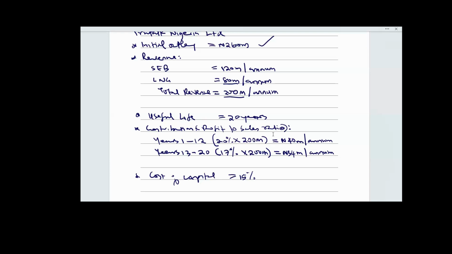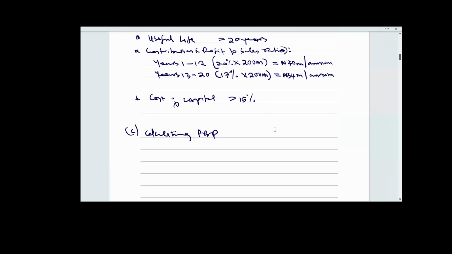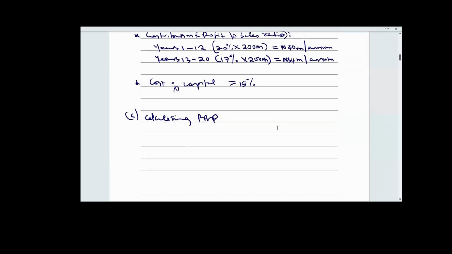Therefore, I can use the formula to calculate my payback period. Payback period equals cash outflow over constant cash inflow. Everything must be expressed in years.